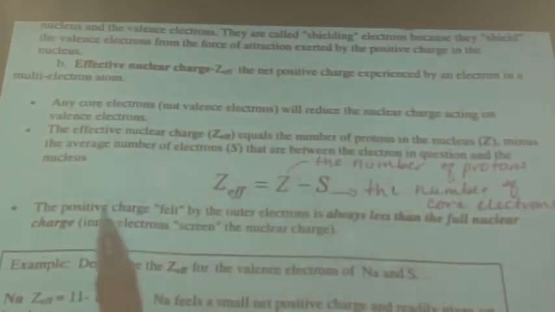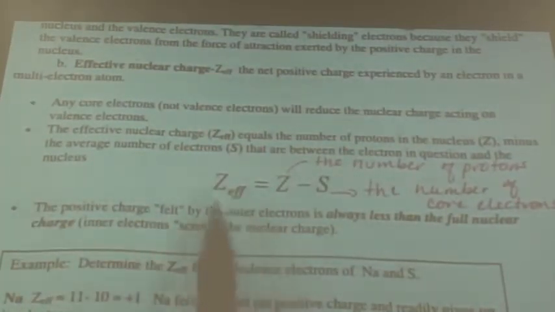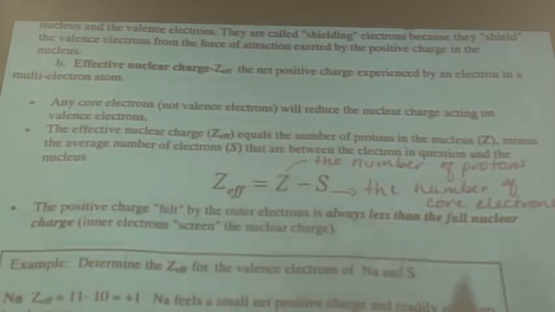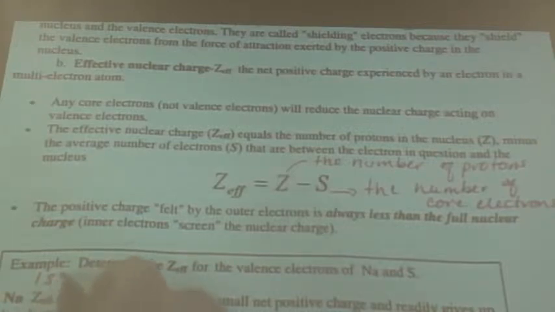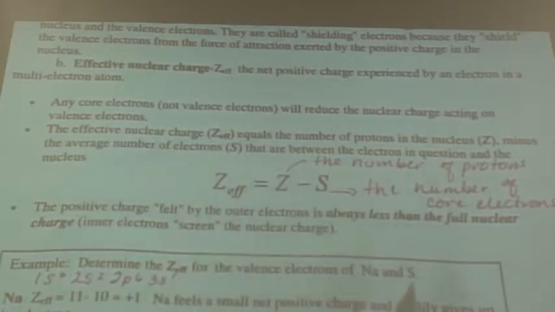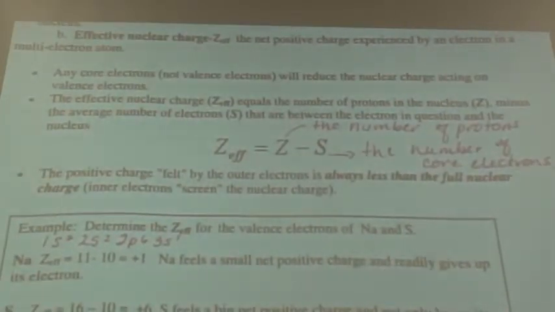Now, the positive charge, Zeff, felt by the outer electrons is always less than the full nuclear charge because of this pesky core. Okay, here's an example. Let's take sodium. Got it? Sodium has an electron configuration of 1s2, 2s2, 2p6, 3s1. Am I correct? Yes. Tell me, what electron is the valence electron in this electron configuration?